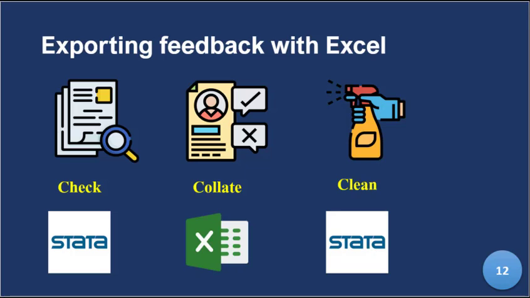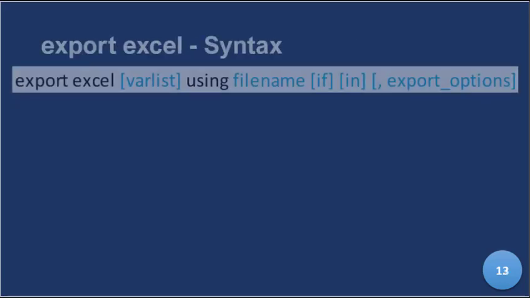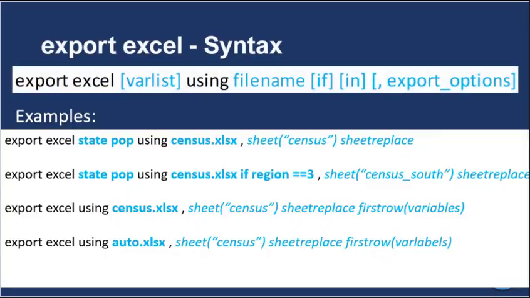When you do your checks, you put the feedback into Excel and share with the stakeholders. This was good, this was bad, and then you sanitize based on what they send back to you. You sanitize and clean the data to the best of your ability. We have gone through this syntax before, and we're not going to waste so much time. We're just going to emphasize a few more things.